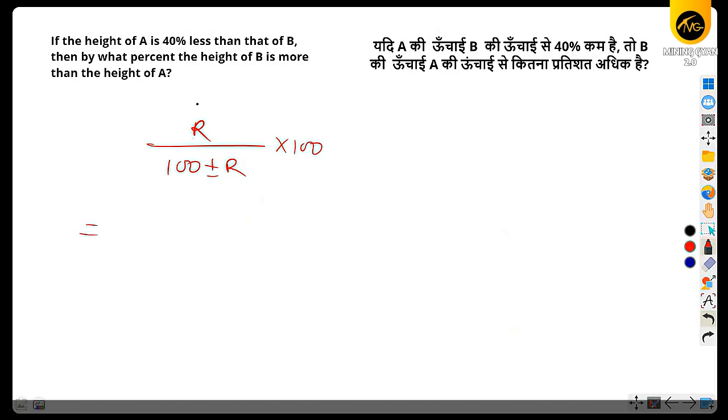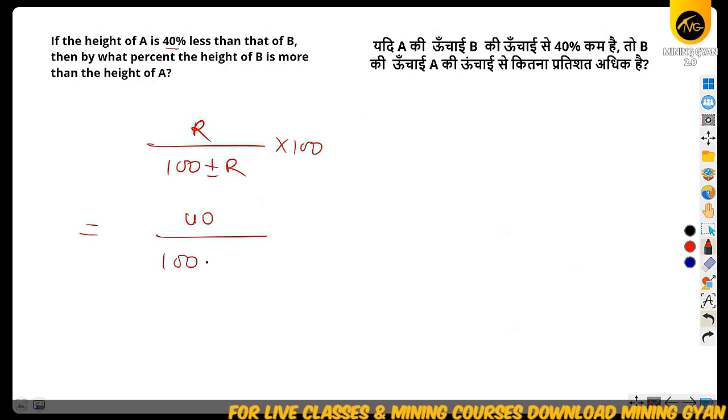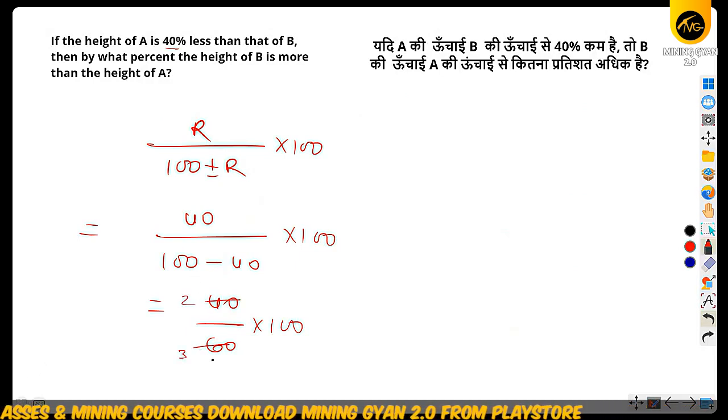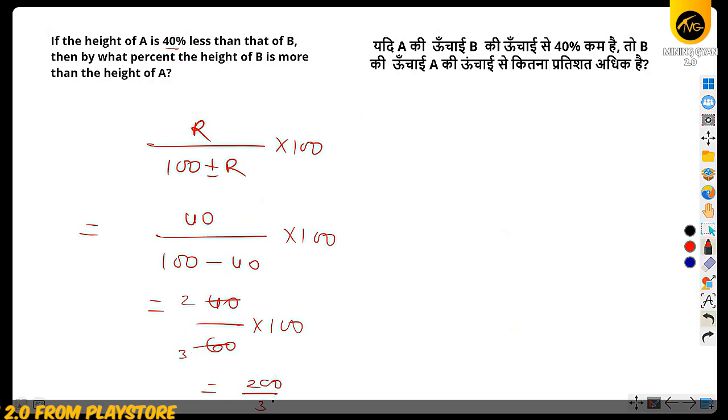So what is r? r is 40%. 40 divided by 100 plus minus, now this time it is the less than condition, that's why you can use the minus sign, 100 minus 40, and just multiply by 100. Now 40 divided by 60 into 100. Okay, so it will be 200 divided by 3, or you can convert it into a mixed fraction.